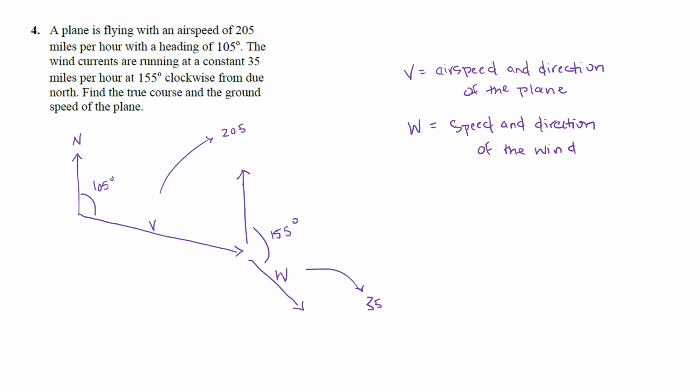So let's connect this. So there's vertex, vertex, vertex. We connect this, we form a triangle. So we want to find the magnitude of V plus W, or in other words, the speed of the plane with respect to the ground.